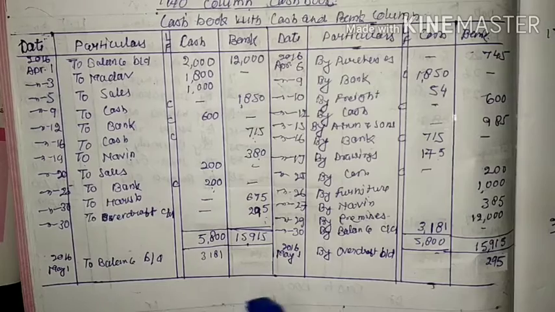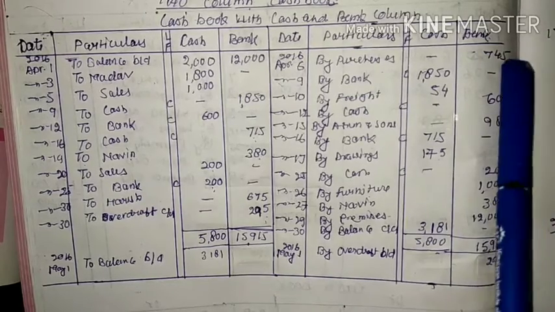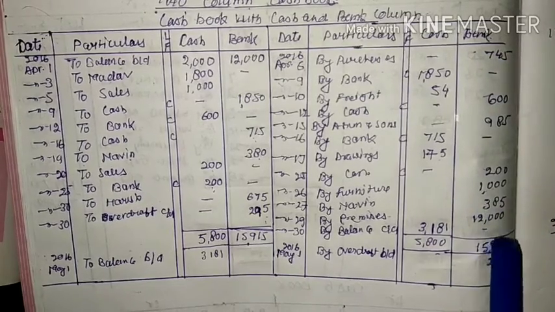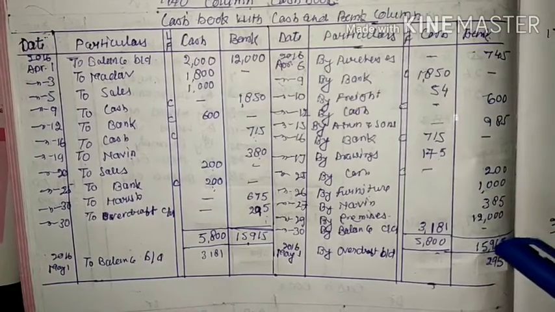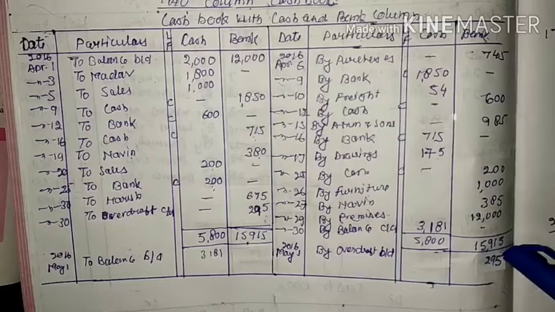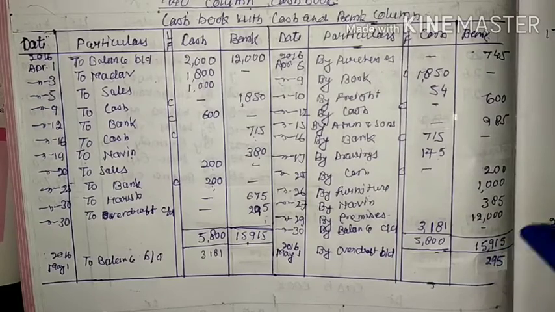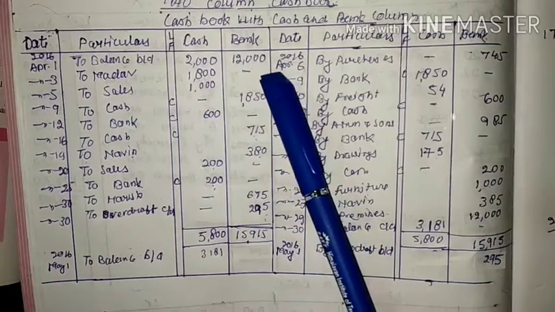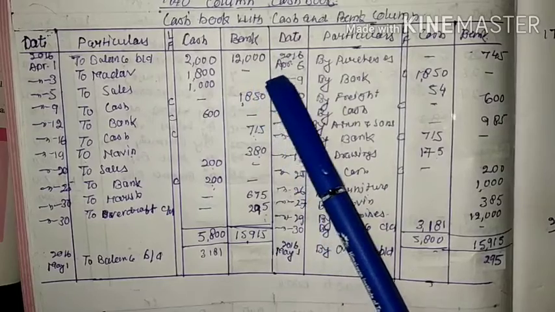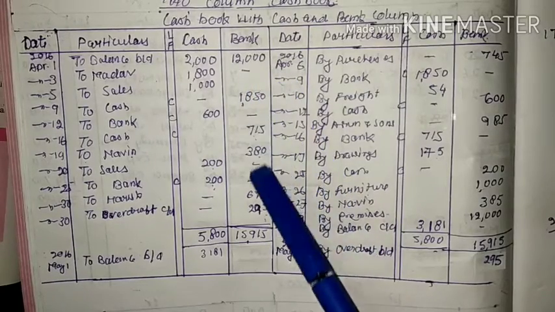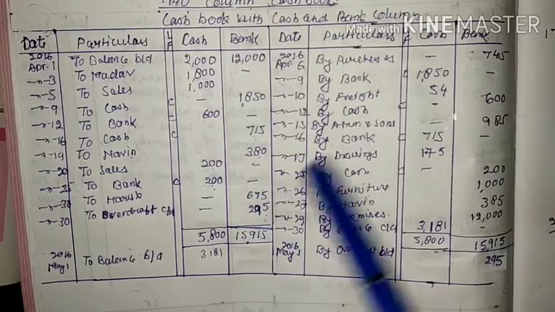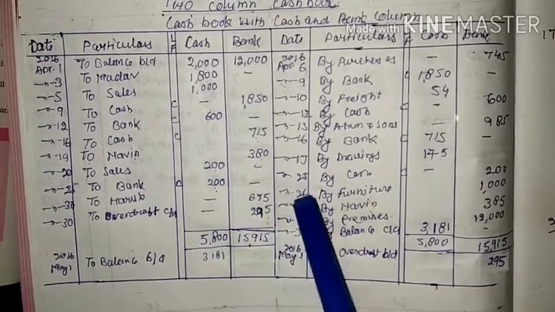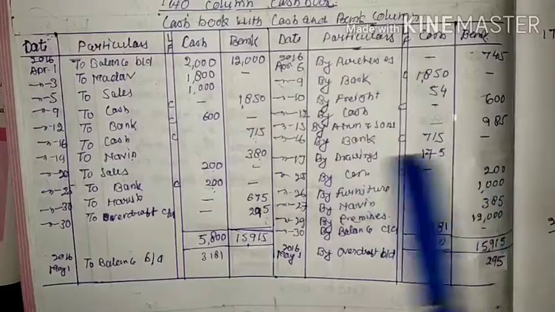Here in this case, our credit total of the bank column means we have spent more money, that is 15,915 we have spent, and the opening balance plus the amount we have deposited was less. So first of all we will total up the side which is more.